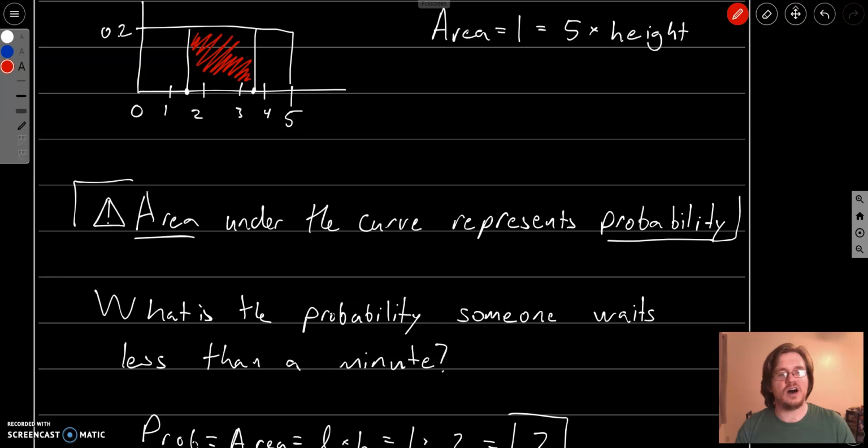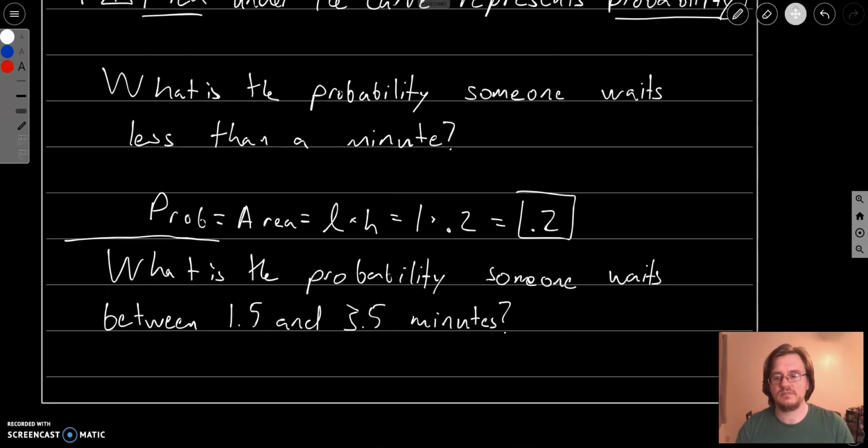Again, this is only a rectangle, so we just need to take the length times the height. The probability is just going to be the area, and since we have a uniform distribution, the area is just the length times the height. The length this time we'll have to figure out, but this isn't too bad.